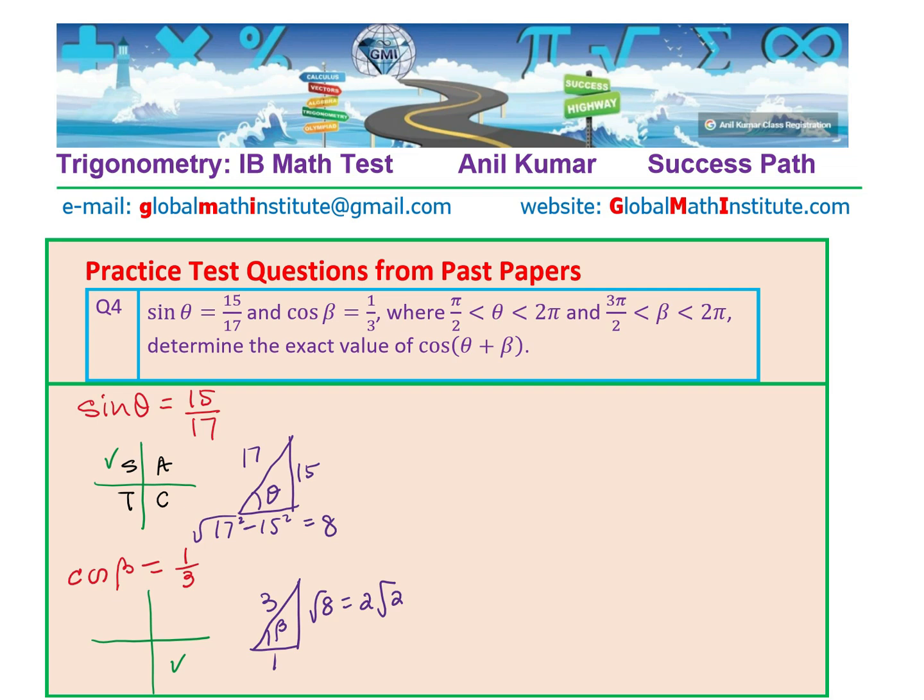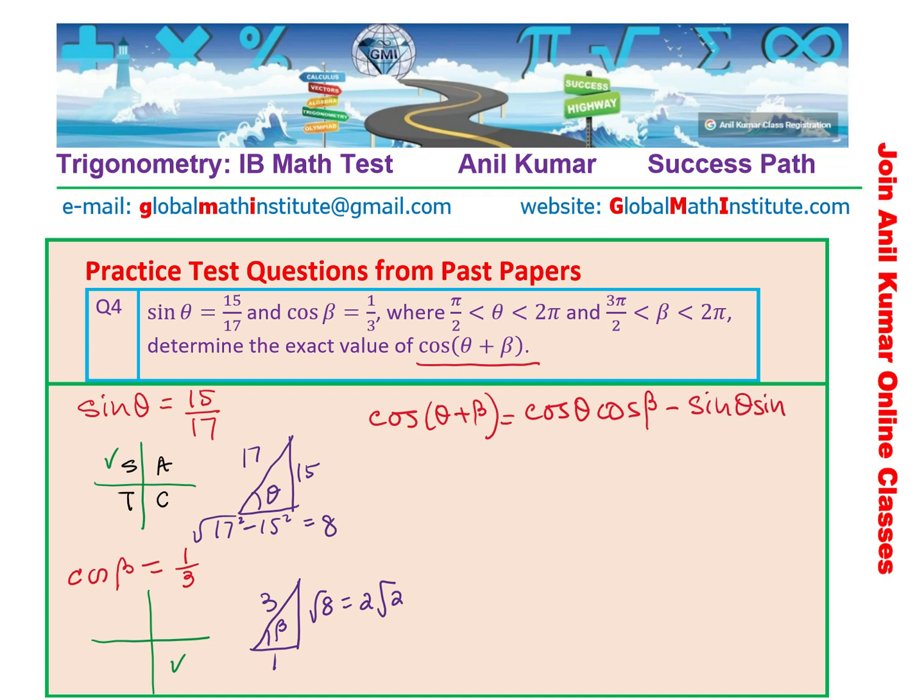Now let's look into the requirement of finding cos of theta plus beta. Apply the formula, which is cos theta cos beta minus sin theta sin beta. Plug in the values, right?